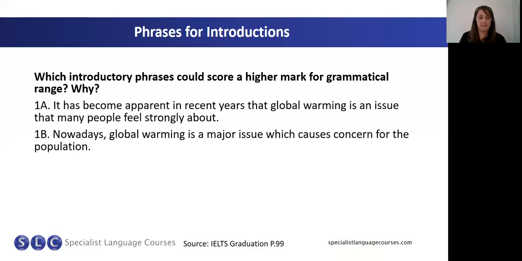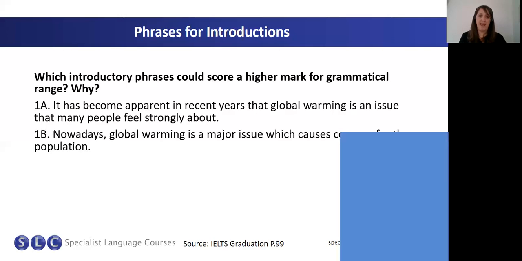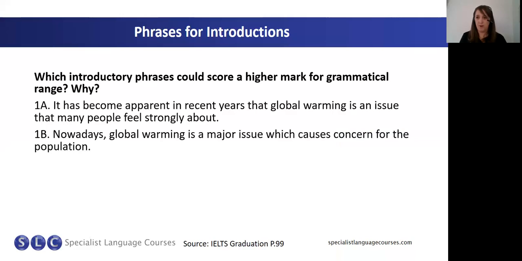Now, this is a slightly more complex grammatical structure than the grammatical structures we see in 1B. The main verbs used in 1B are present simple, is and causes. So although the sentences have a very similar meaning, both sentences use some academic vocabulary. 1A is using a more complex structure. Let's have a look at some more sentences.